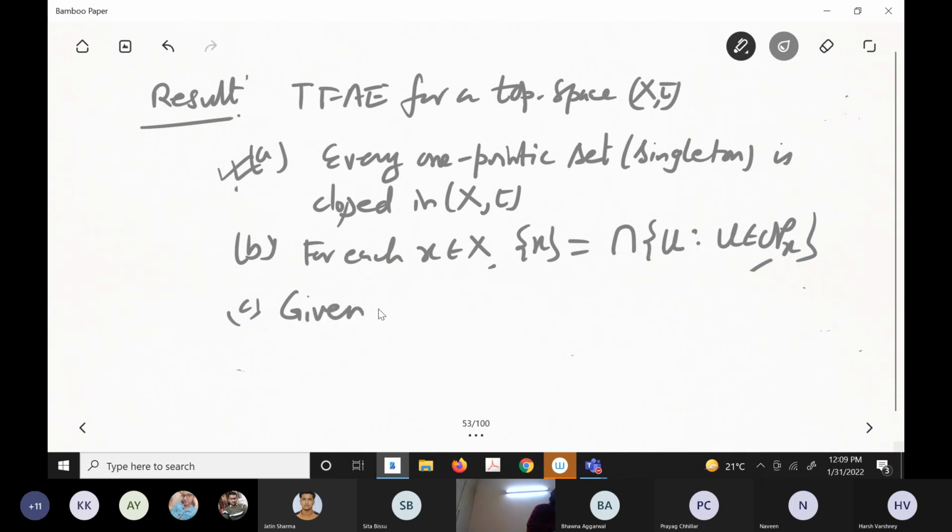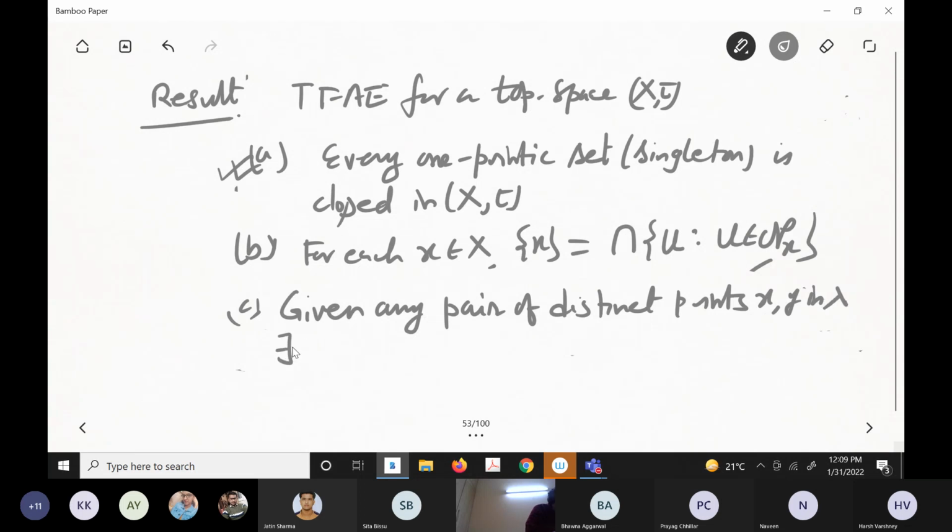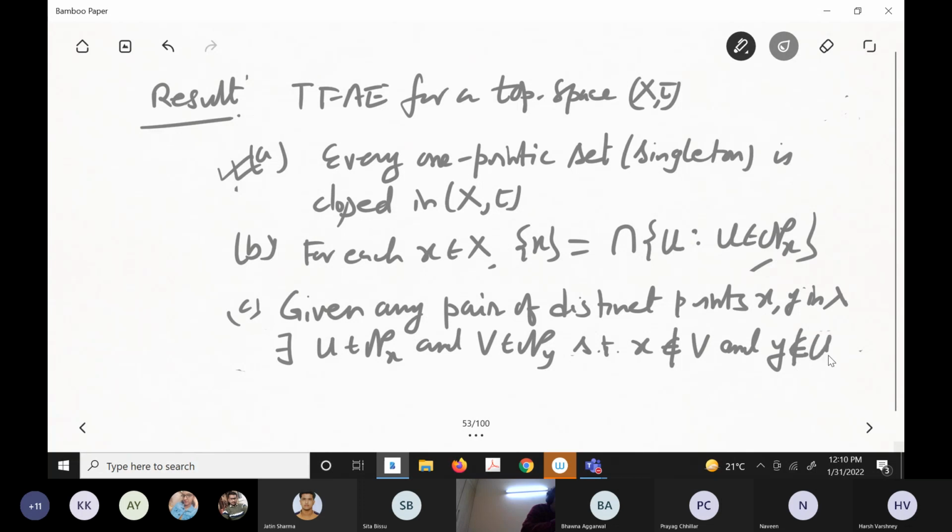Given any pair of distinct points x, y in X, there exist U belonging to N_x and V belonging to N_y such that x does not belong to V and y does not belong to U. I am not saying that they are disjoint, so this is weaker than Hausdorff.